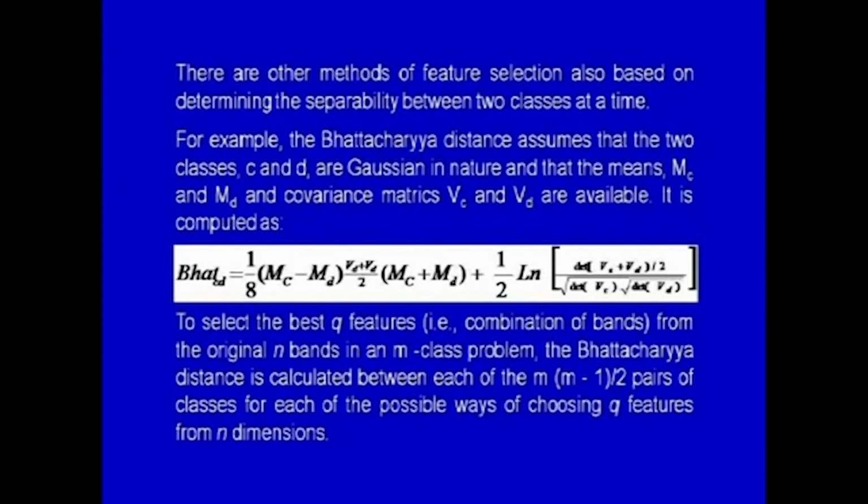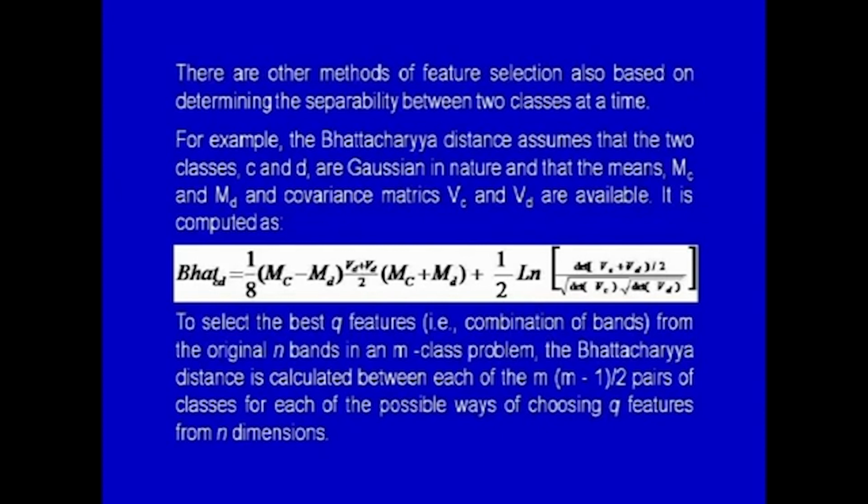There are other methods of feature selection also based on determining the separability between two classes at a time. For example, the Bhattacharya distance assumes that the two classes C and D are Gaussian in nature and that the means M c and M d and the covariance matrices V c and V d are available.